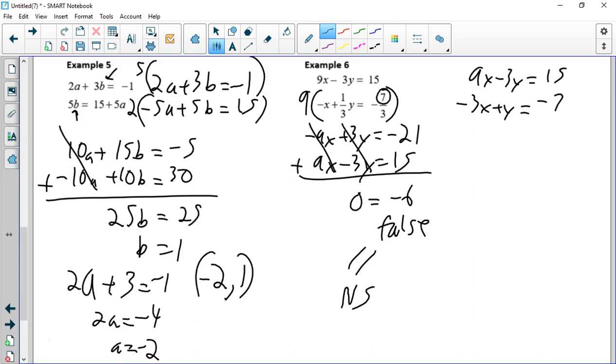Now, at this point, you say, well, if I multiply by 3, the x's will cancel. Oh, wait, so will the y's. And you're going to end up with this. Negative 9x plus 3y equals negative 21. Look familiar? It's the same thing. And so you're going to end up with the same answer. But I just want to point out that there's a couple different ways of dealing with those fractions. But now you're good to go.